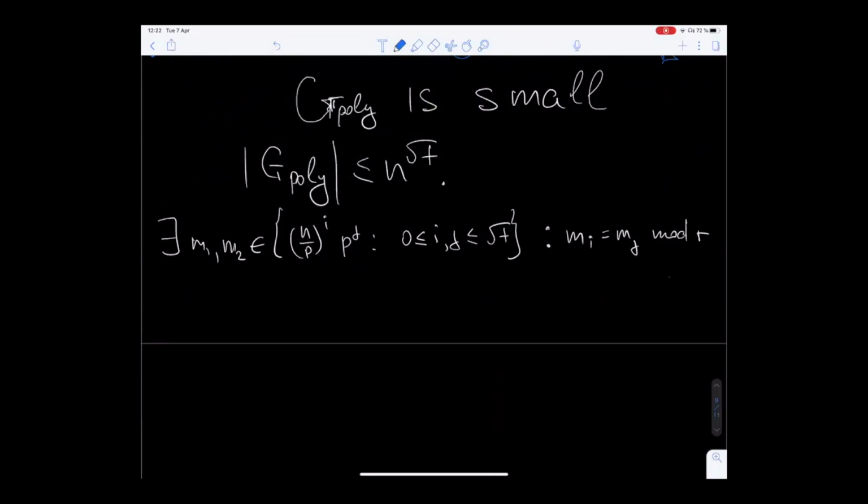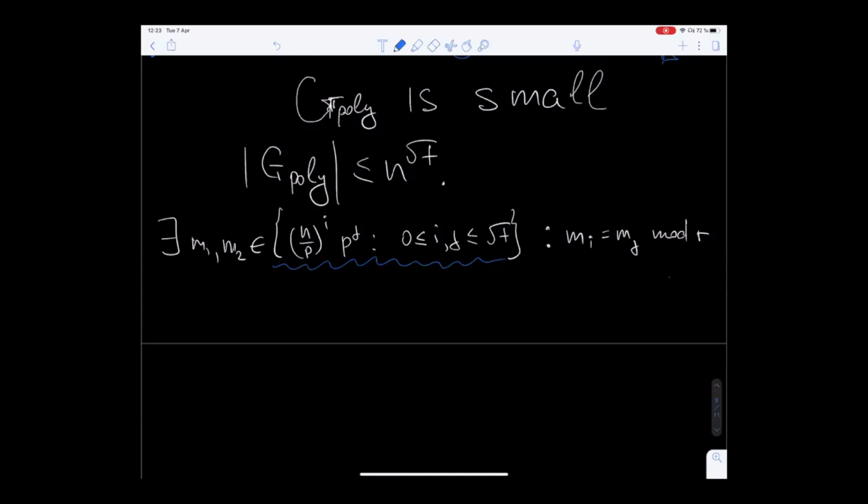So we look at our set I, and now we restrict it. This is essentially our set I, except we restrict the values of i and j to be from 0 to square root t.